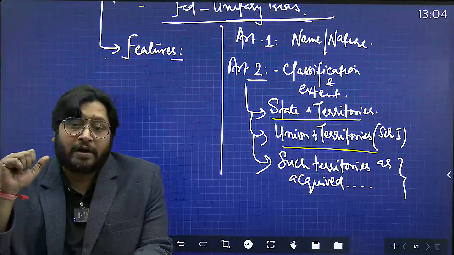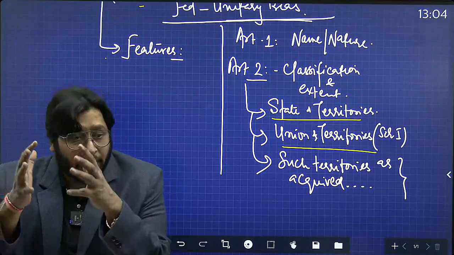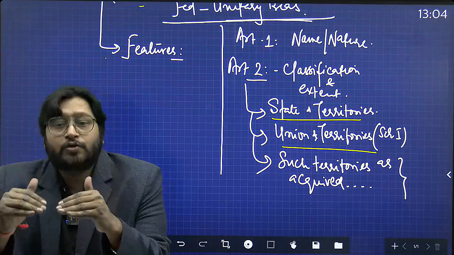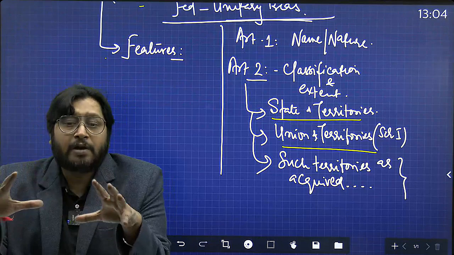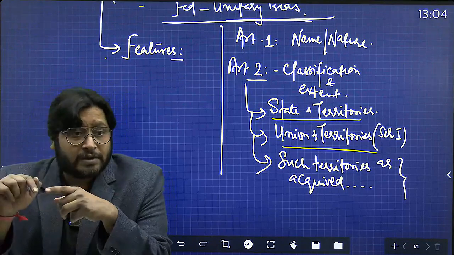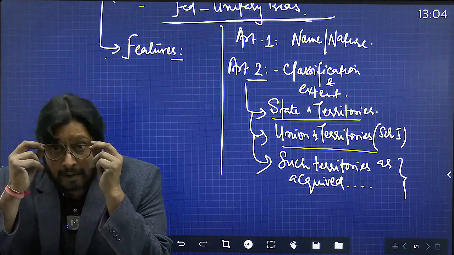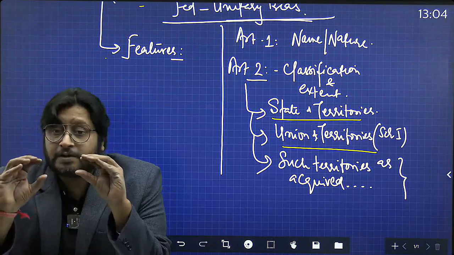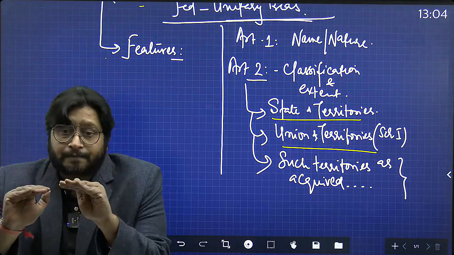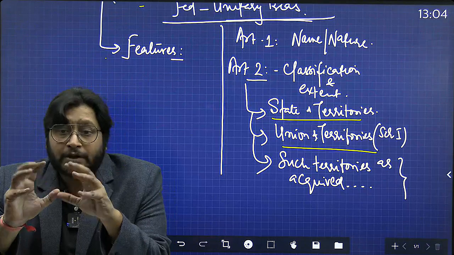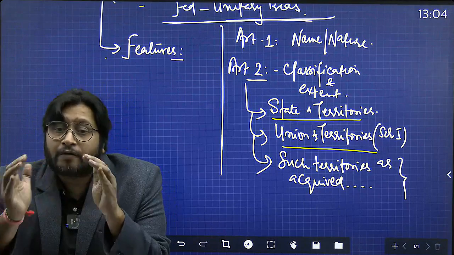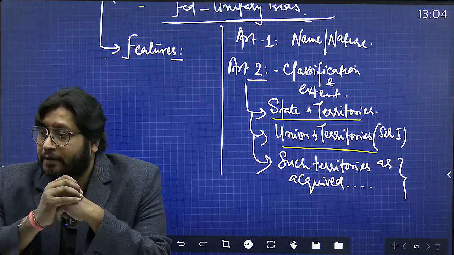Try to understand. It is the union government, which automatically includes those union territories which are governed by the union government, and the states which are there. So the word union specifies that all the states, the regional units, are part of this definition, right?